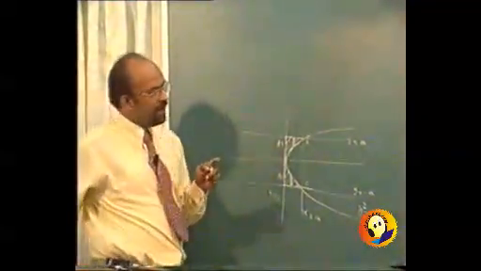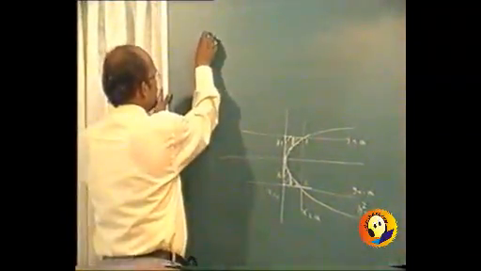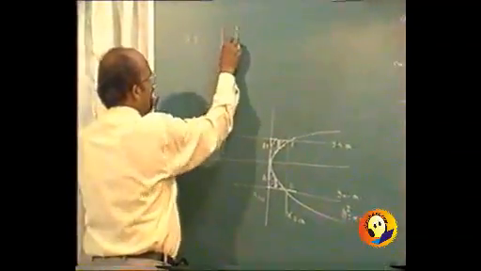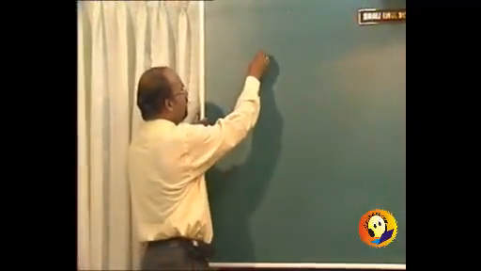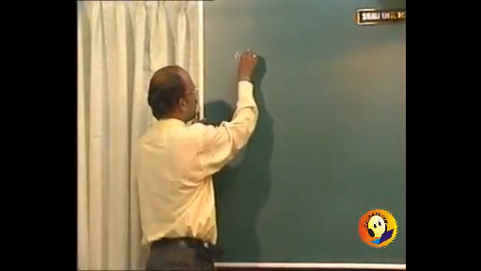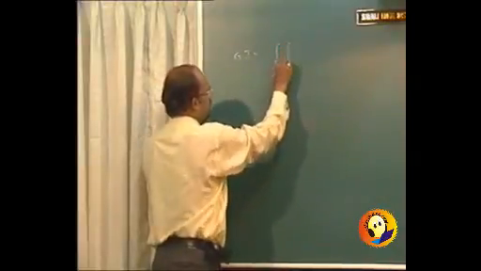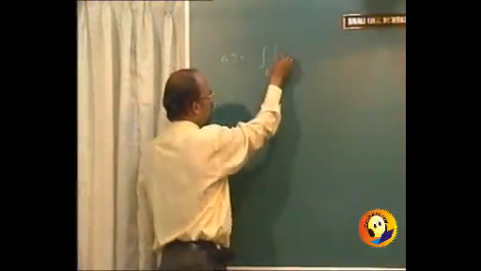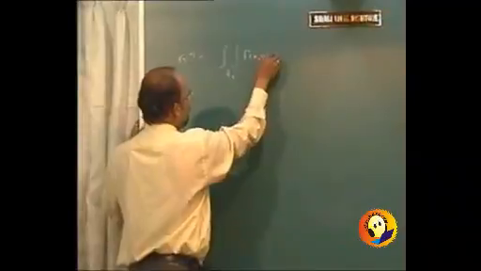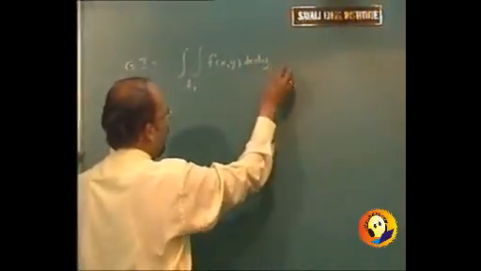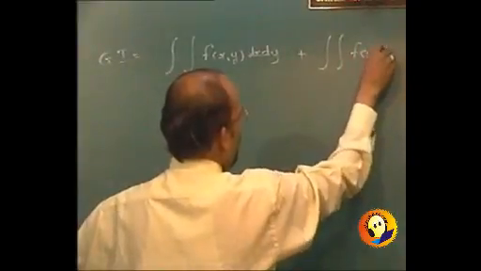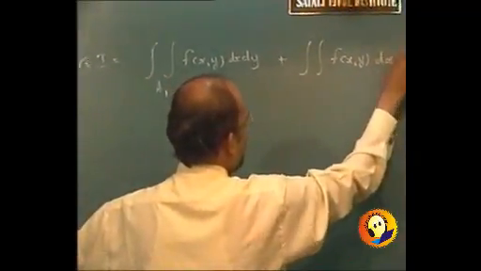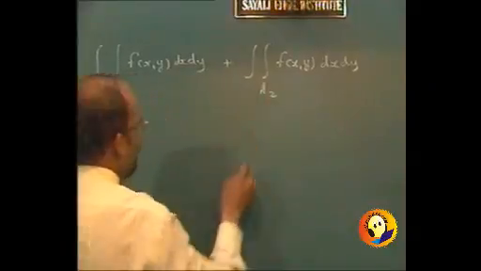And so the expected answer in this case, that is, the given integral, can now be written as double integral of f of x comma y dx dy over area A1 plus double integral f of x comma y dx dy over area A2.